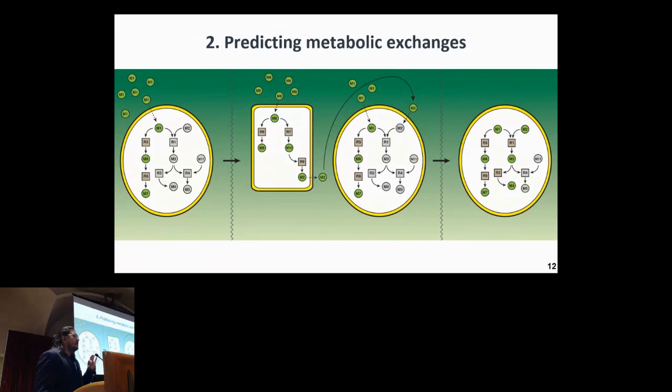By looking at the reactions that are active in a community but were initially inactive in the individual microbe, we can learn what metabolic exchanges happened that led to the relieving of these inactive reactions.